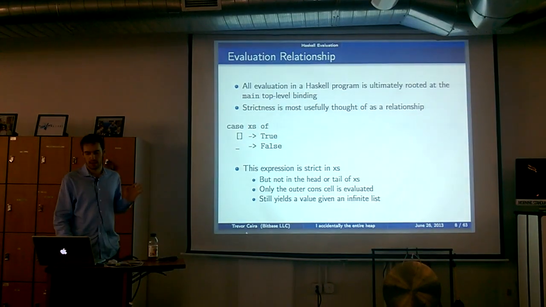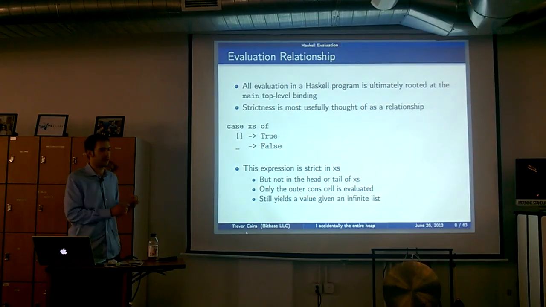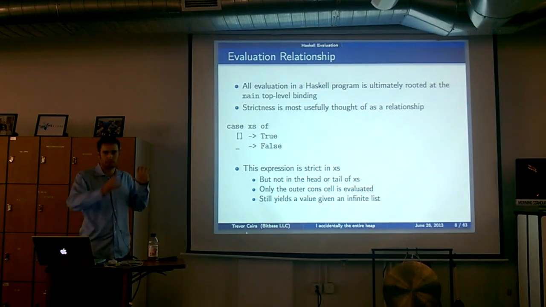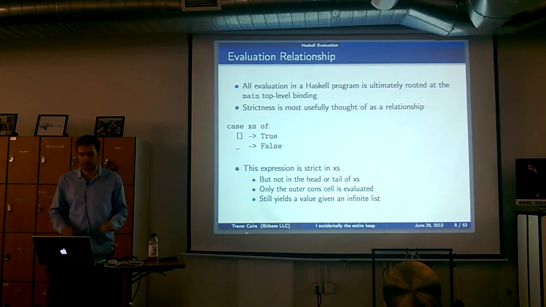Now, in Haskell, it doesn't happen unless main asks for it. Everything that gets bound into main happens, and everything that does not get bound into main does not happen.